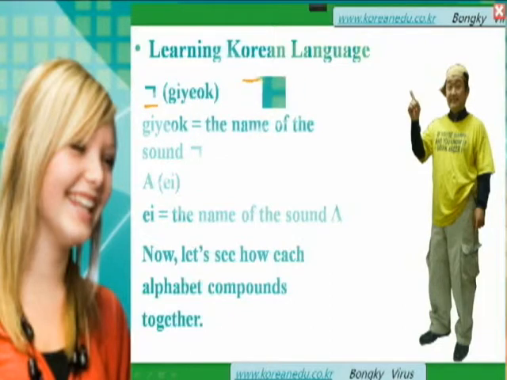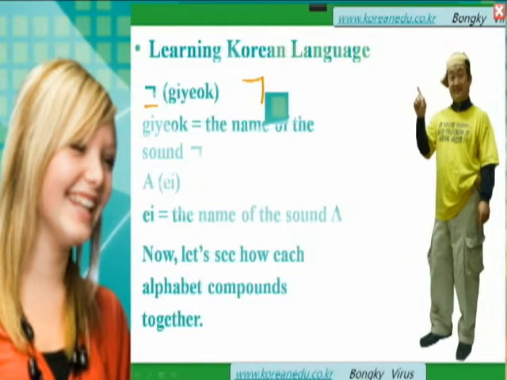When you write it, it goes here. Don't worry about how to remember and memorize all the consonants and vowels now, because in the next sample and next class, we will focus on consonants and vowels. So step by step, as I said in the instruction, I'll go by that. So don't worry about memorizing.